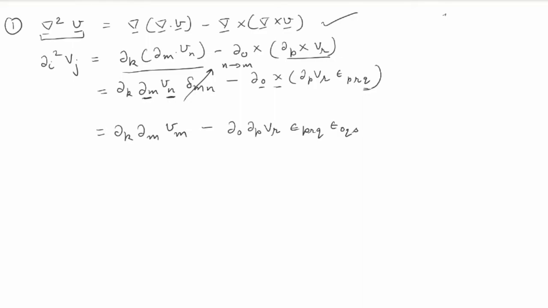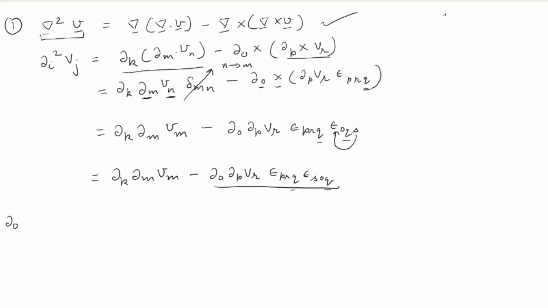Now because here q is the same, we can use our identity that we used in the previous video, and I will bring s here without changing anything because I am still keeping the order. So this will become ∂k ∂m vm minus ∂o ∂p vr εprq εsoq. So q is the same, so now we can replace this. I will be solving only this quantity from here.